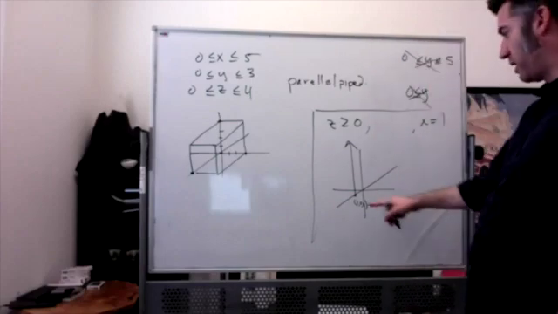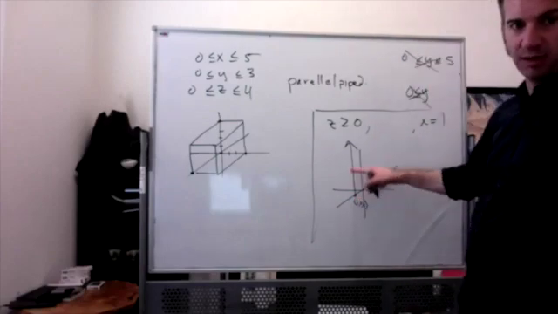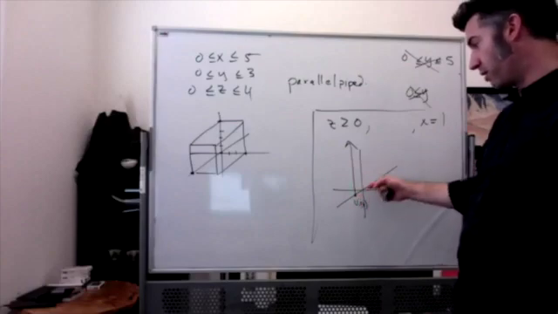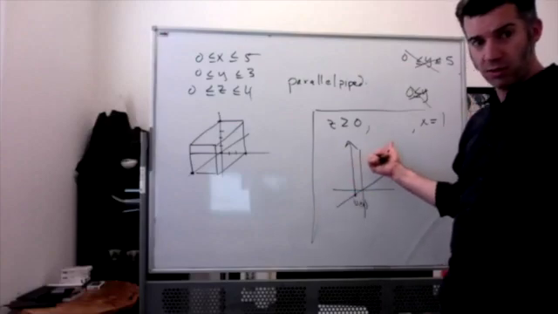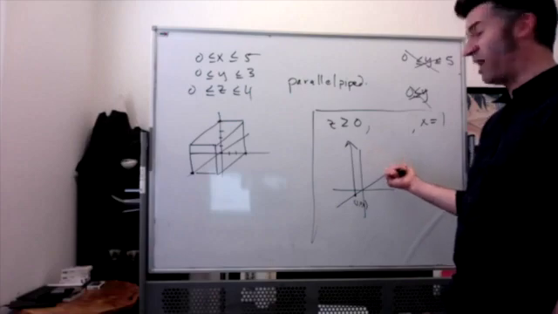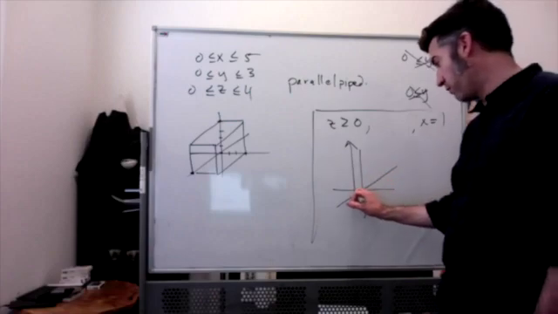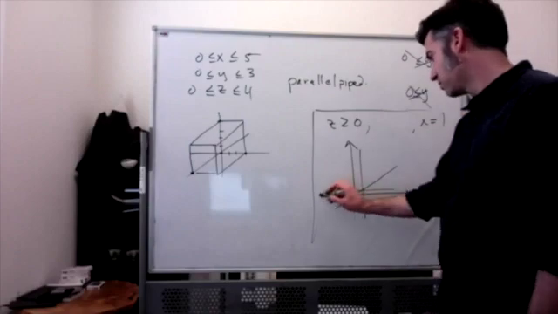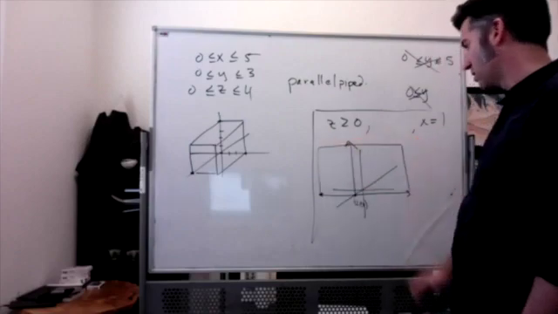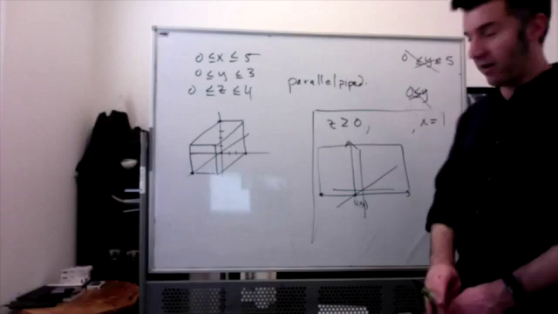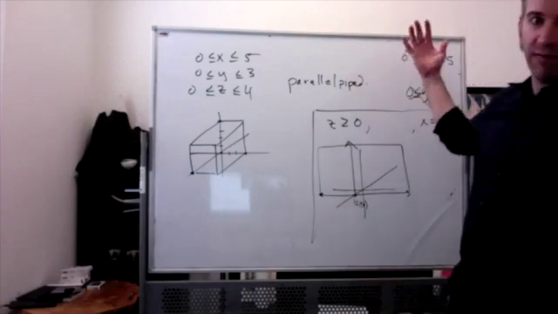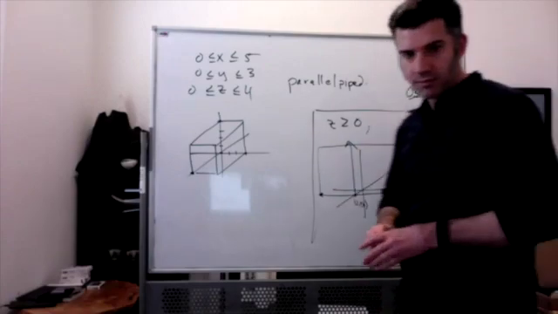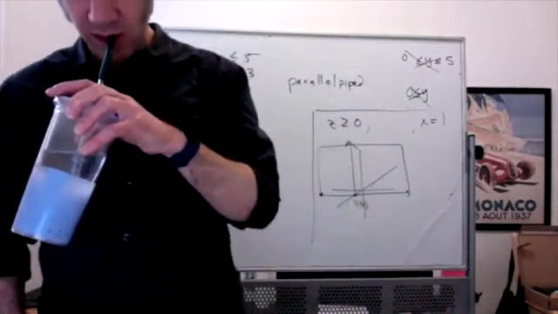Because now x is equal to 1, so I still need to be not moving forwards or backwards. But now that y doesn't have the condition, I can totally move left or right. So yeah, I have half of them, right? I don't have the bottom half of it, but I do have the top half of it.